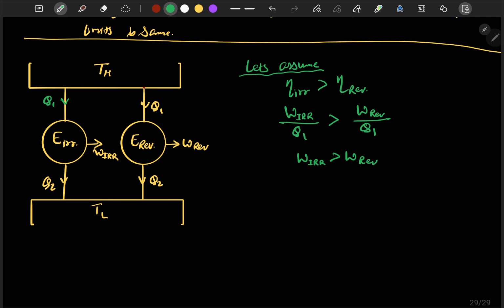Now, we are saying that the work done by the irreversible engine is greater than the work done by the reversible one.